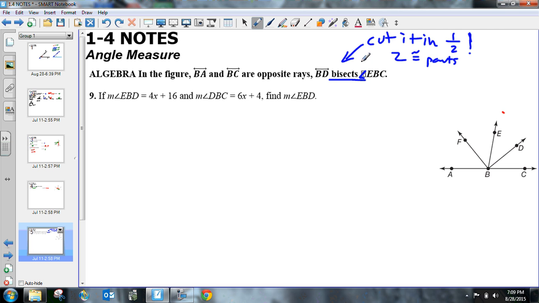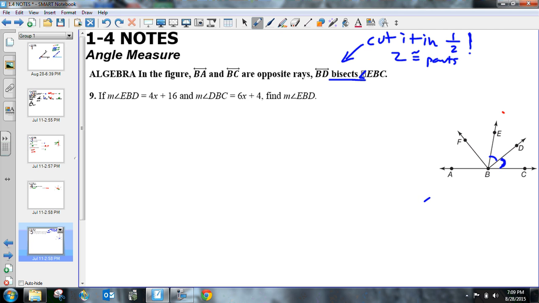All right. So if you've got something like this, okay, you've got this figure here, and you know that BD bisects an angle, this big angle is cut by this one, and so this angle is congruent to this angle. And if you see two angles with one of these arcs on it, then you know that these two angles are congruent.